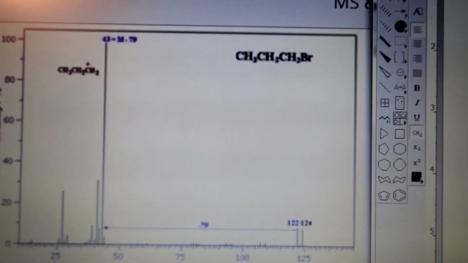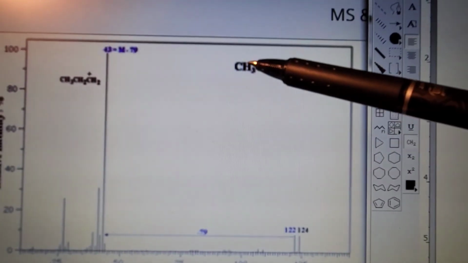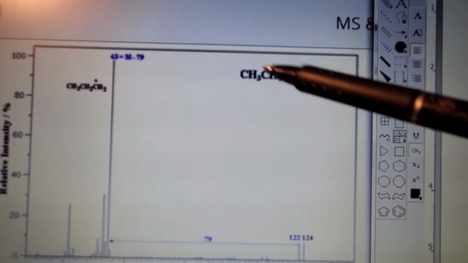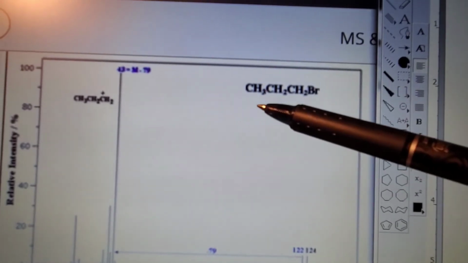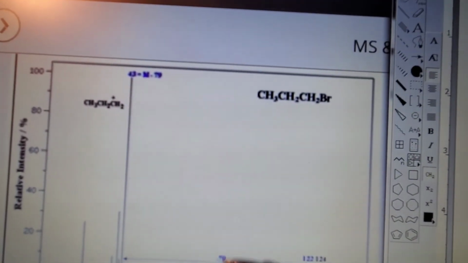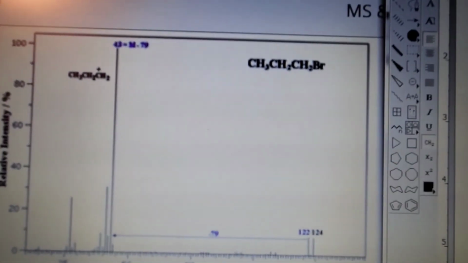Say you did not lose bromine, but you lost a carbon only, then you've got to have a twin tower with a lower mass. How much? Carbon 12, hydrogen 3 of them, so total 15 less than 122. So you've got to have two peaks around here, because you still have a bromine, but that's not the case here.